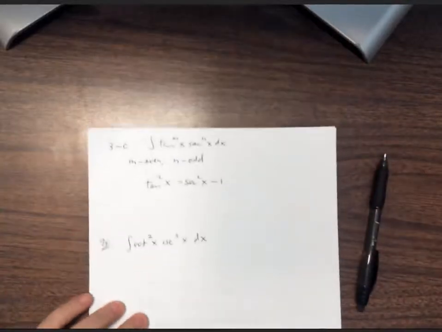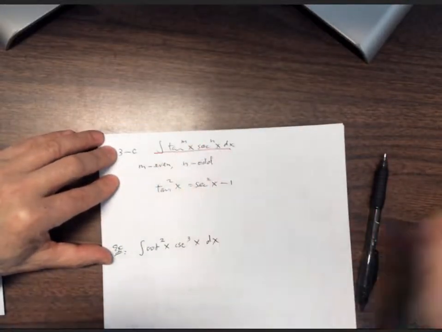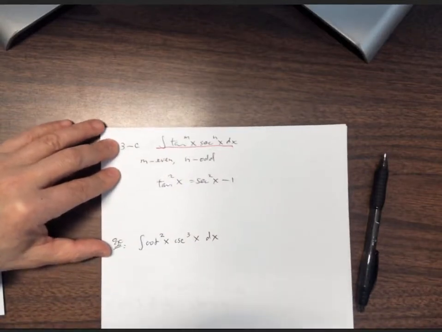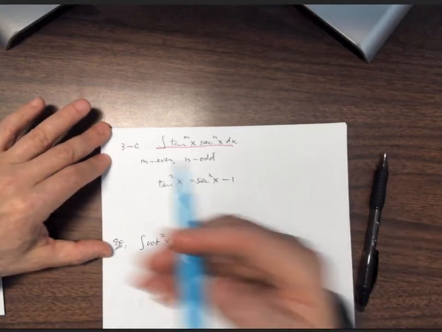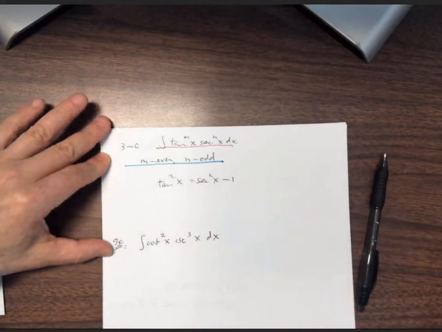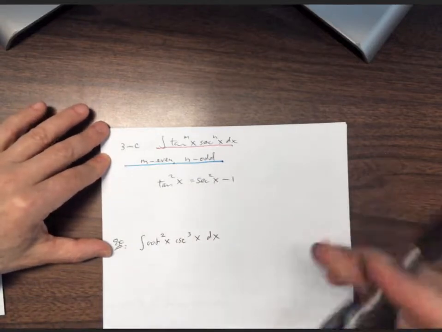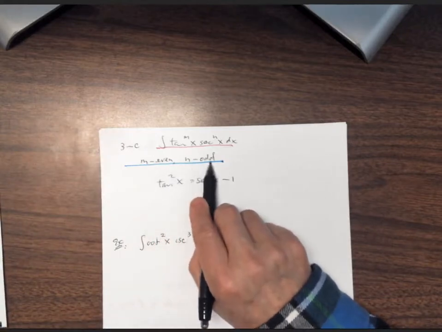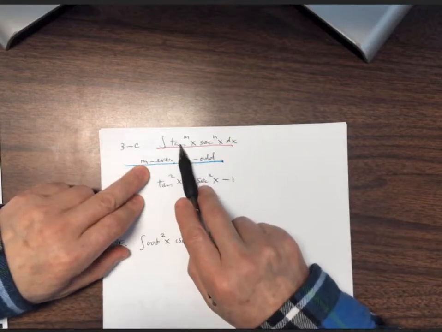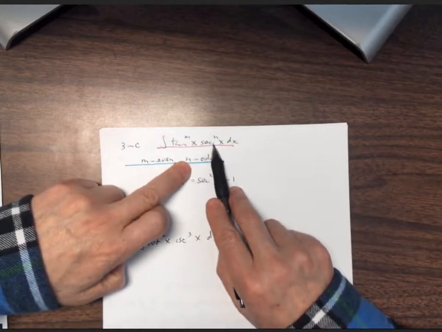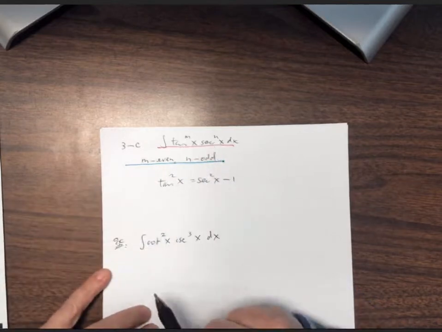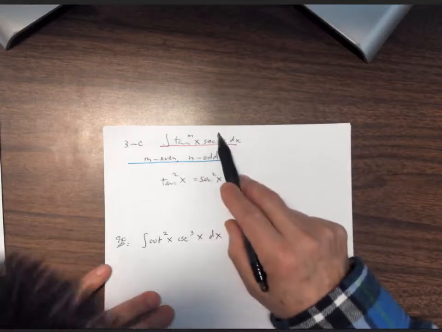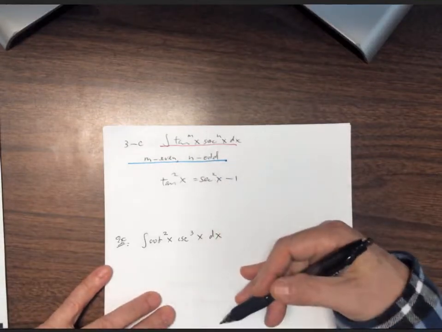Now, third case, this kind of combination: power of tangent, power of secant, or power of cotangent, power of cosecant. Case 3c. N is even. No, I mean m is even. N is odd. M is even, so it's not 3a. N is odd, so it's not 3b. What do we do in this case? In this case, we're going to turn everything to secant, and then later on use a formula.